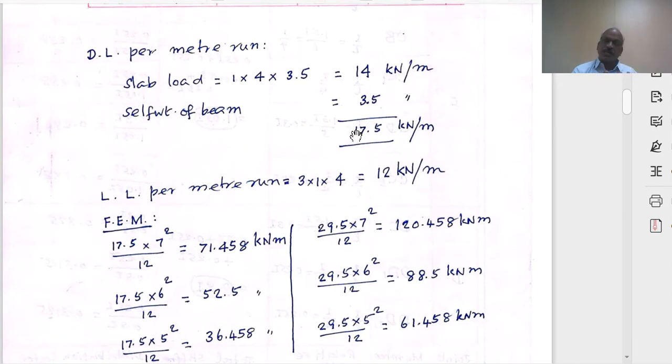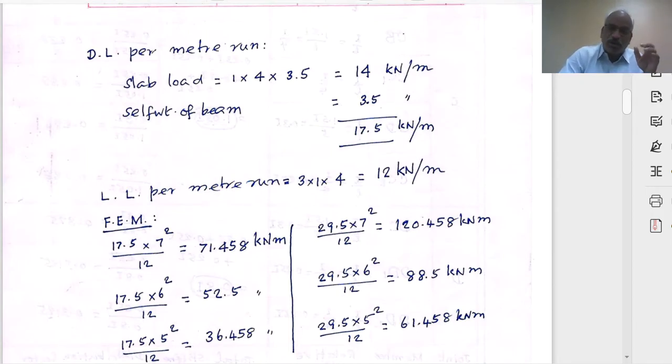When it is subjected to only dead load, if it is span AB, it is 17.5 into 7 square by 12, WL square by 12. If it is the 6 meter span, 17.5 into 6 square by 12. If it is the 5 meter span, 17.5 into 5 square by 12. This is due to the dead load only. We will discuss subsequently that the spans will be loaded with either dead load only or dead load plus live load, because we cannot avoid dead load. Dead load will always be there on all the spans.